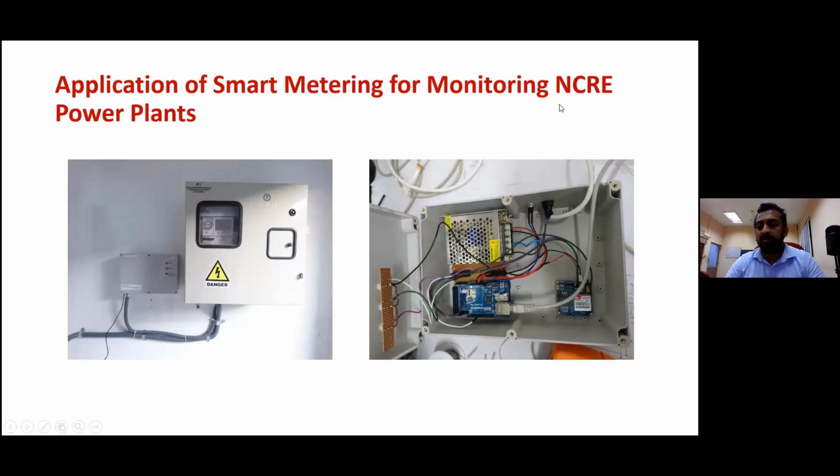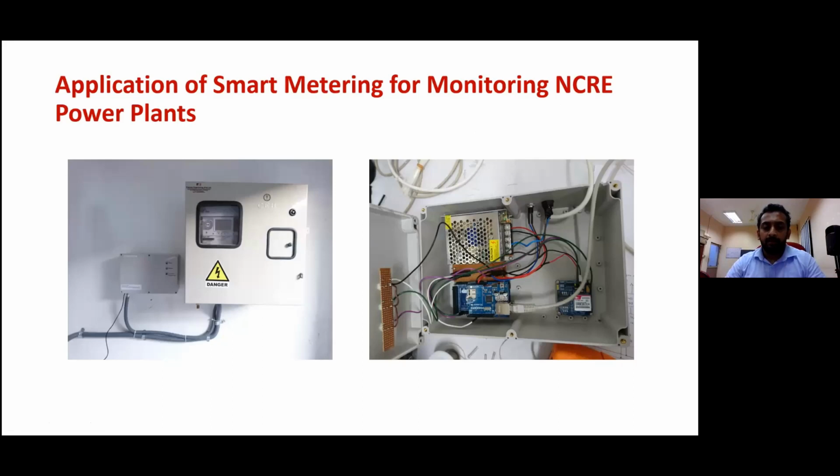NCRE stands for non-conventional renewable energy. So power plants like mini hydros, small grid scale solar power plants of around 10 megawatts, and wind power plants are in this category.